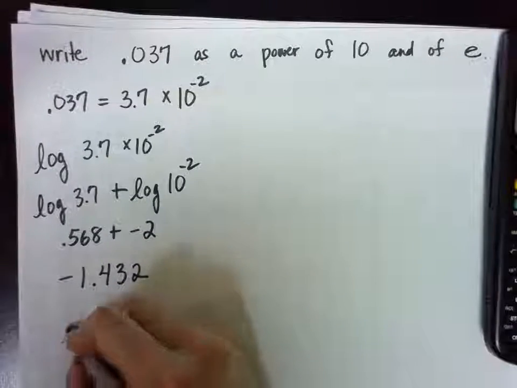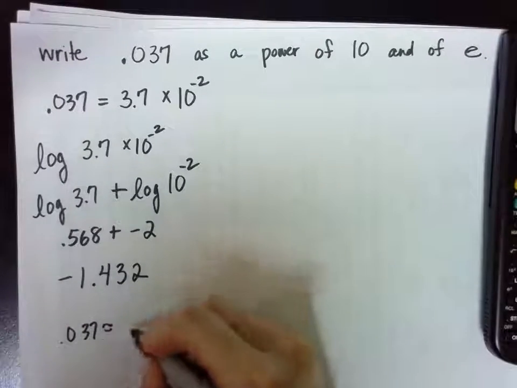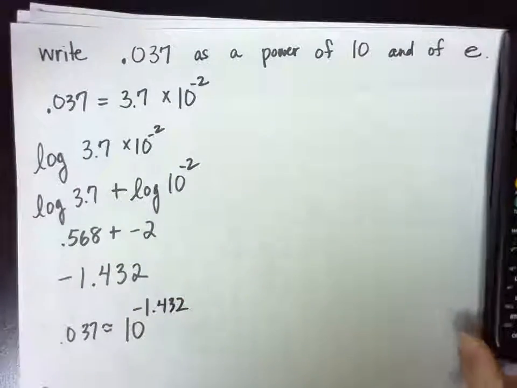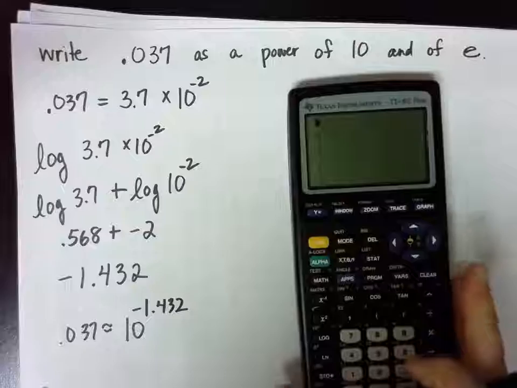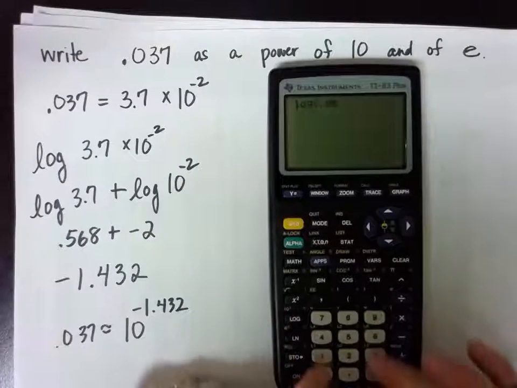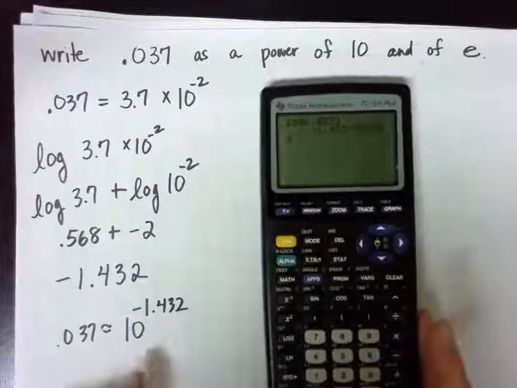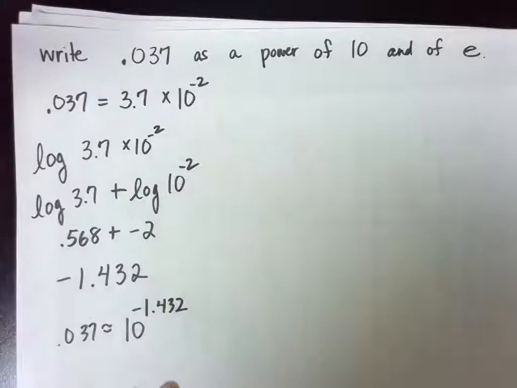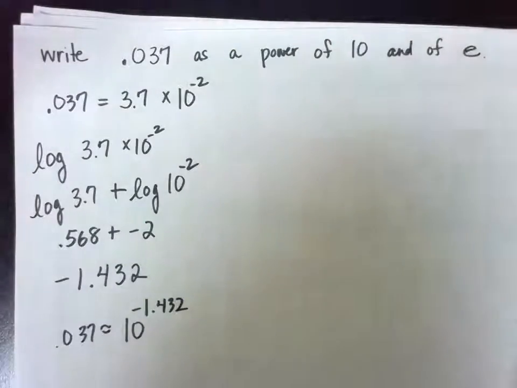So that 0.037 is approximately 10 to the negative 1.432. And if you just went ahead and took the log of 0.037, you can see we would get that same value. So there's lots of ways to go about getting it.